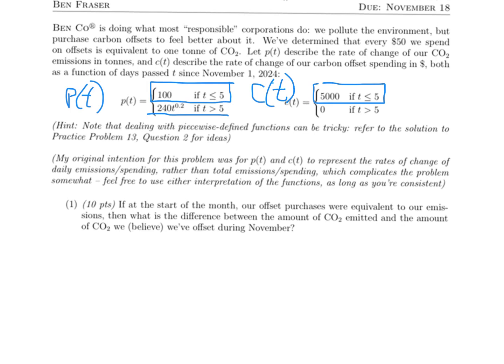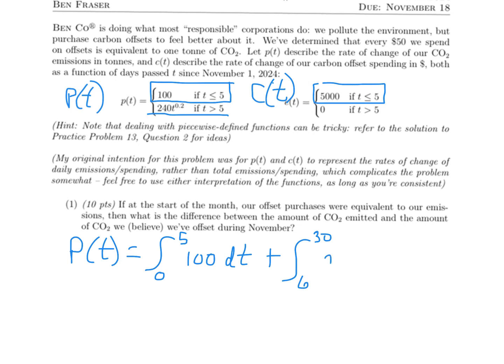And so when we integrate, what I would do is integrate over 0 to 5, and that would just be of the 100 with respect to T. And then I would integrate from day 6 on to, I think there's 30 days in November, so up to 30 of the 240 T to the 0.2 dt, like that, because it's two separate functions.